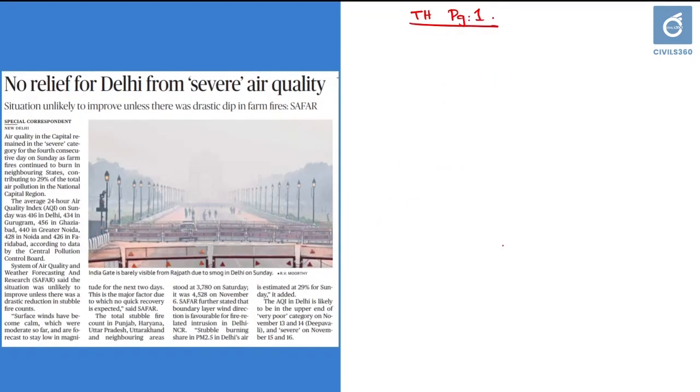The second one is also taken from The Hindu, page 1. Here there is an article, "No relief for Delhi from severe air quality". This is a regular issue; almost every year there is an issue in Delhi related to air quality. But in this, you need to identify certain aspects: why air pollution in Delhi, and identify the major reasons for that.